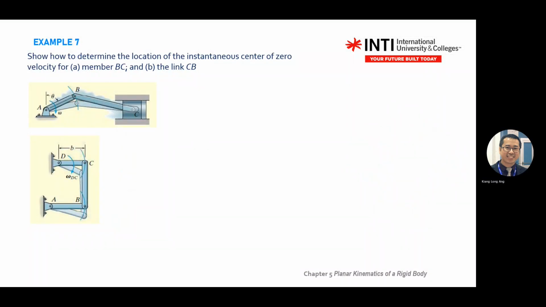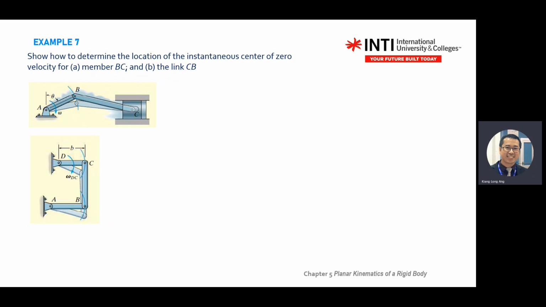Now, example 7 links with your experiment, I think number 3, the link one, L1, L2, L3, A1, A2, A3, the one where you turn 360 and then measure the length. Show how to determine the location of the instantaneous center of zero velocity for A, which is a member of BC, and the link CB.